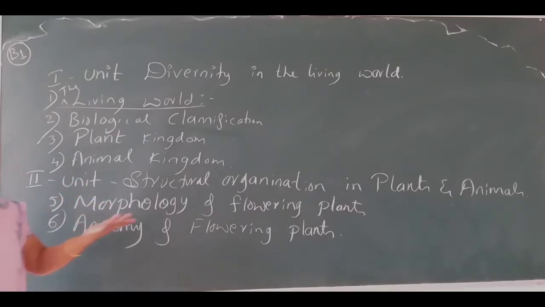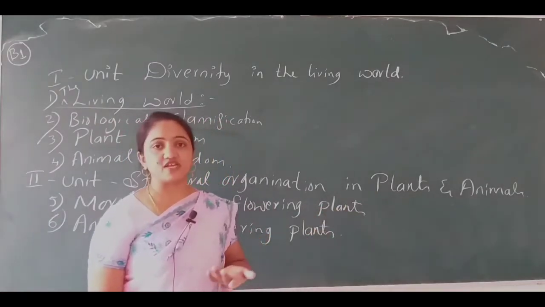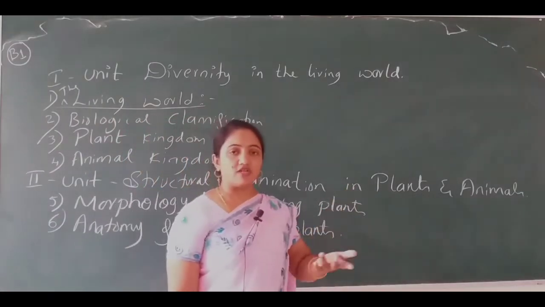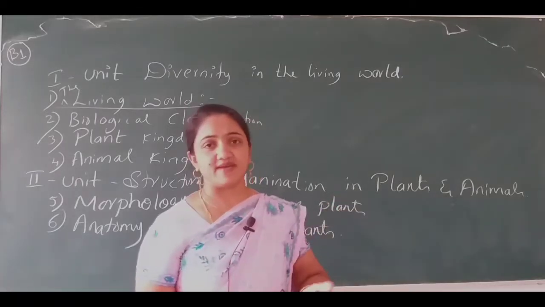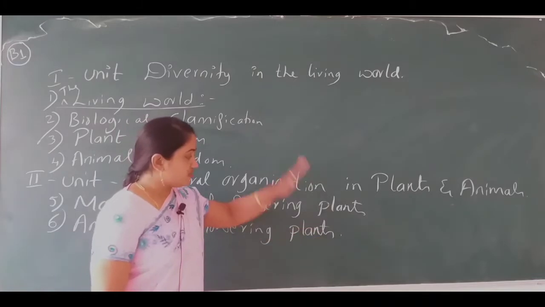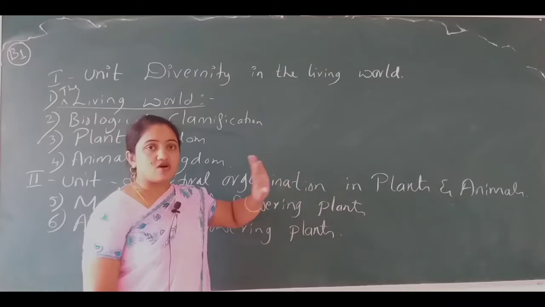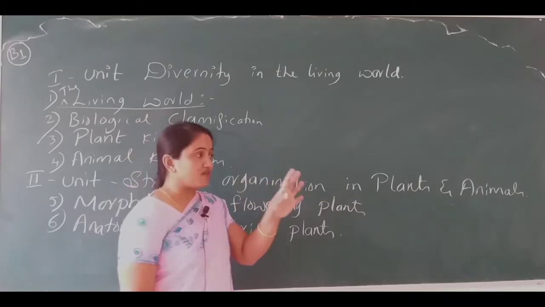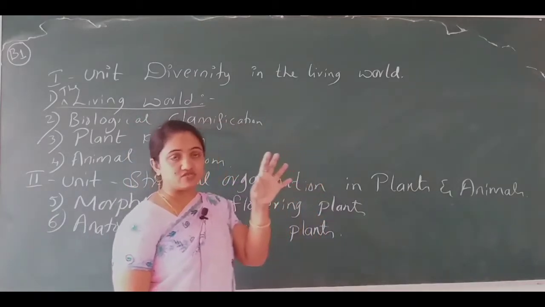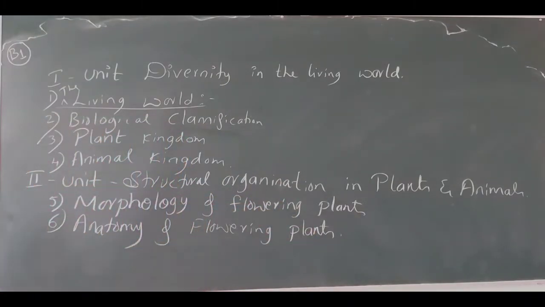Anatomy means inside the plant, what will be there? Cells will be there. Different types of cells will be present: parenchyma, collenchyma, sclerenchyma, xylem, phloem. These different types of cells are present in the plant. Those plant cells and functions, how they are modified, how they function, everything will be in this chapter.